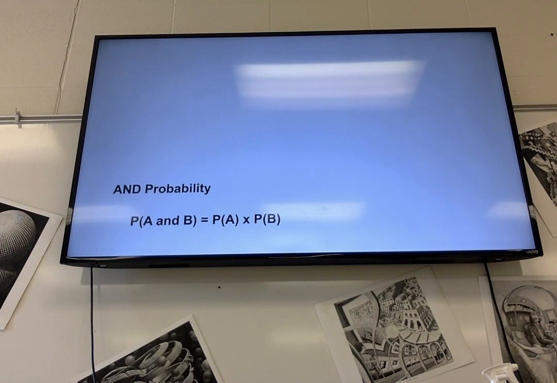Notice I don't have to worry about subtracting anything off, because there's no subtraction up here. I just take the probability of each one and multiply them together.